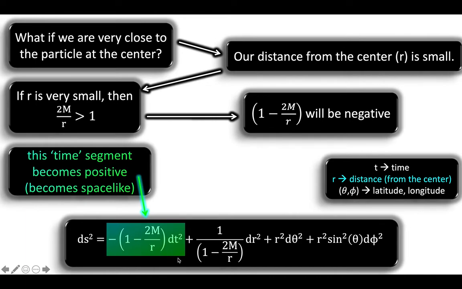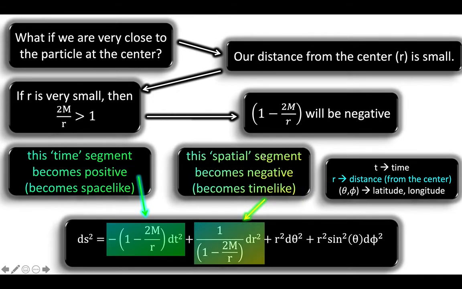So this term that was like a separation in time is now going to be more like a separation in space. And this term that is like a separation in space is going to become negative because I have 1 divided by a negative number. That gives me something that is ultimately negative.